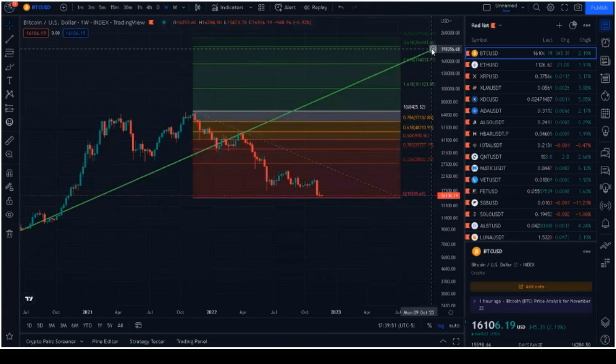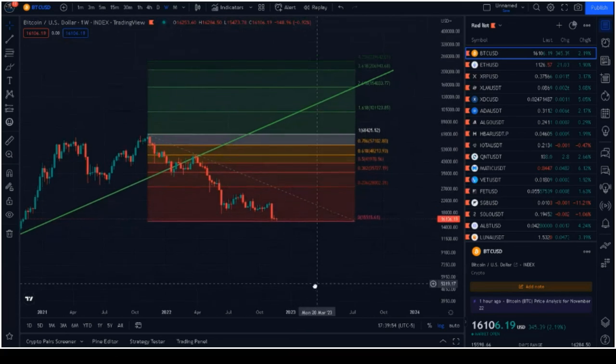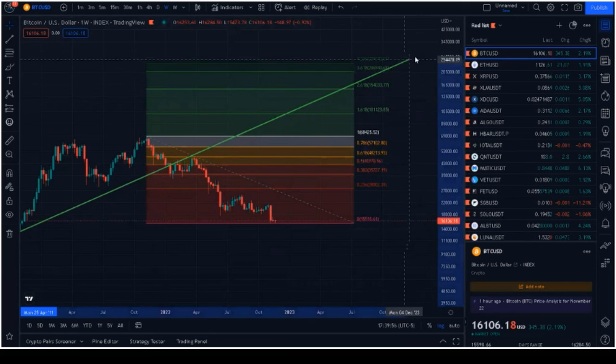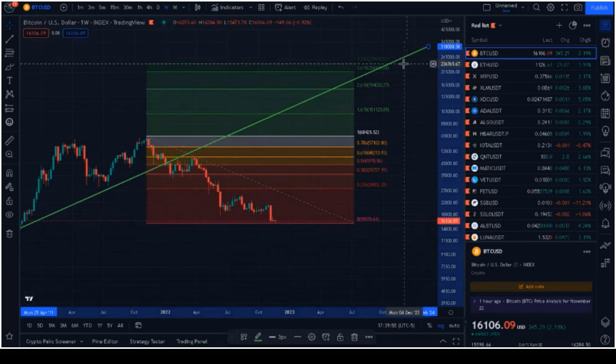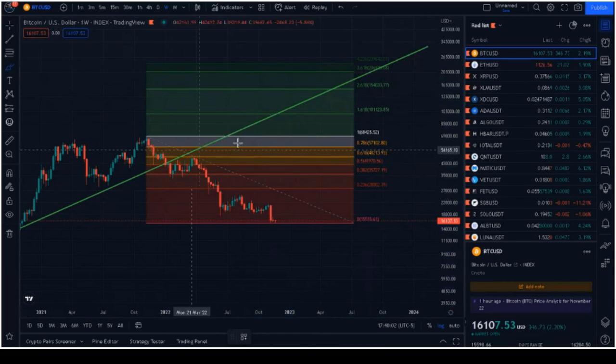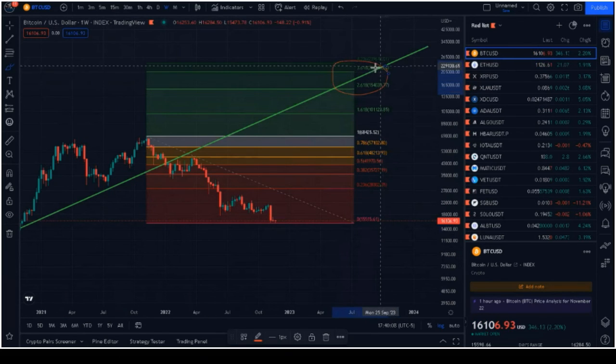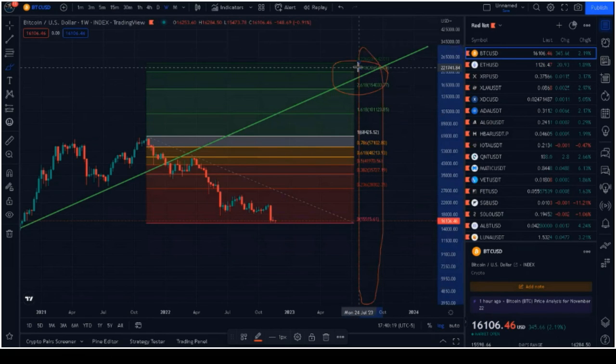So extend this past, to get to this 4.236 fib, following the trend and getting up here. This is July to September 2023.